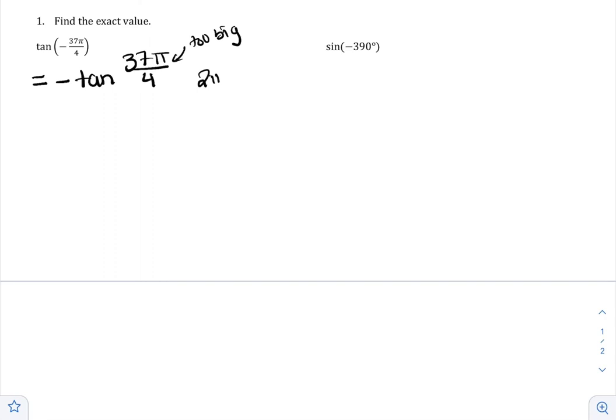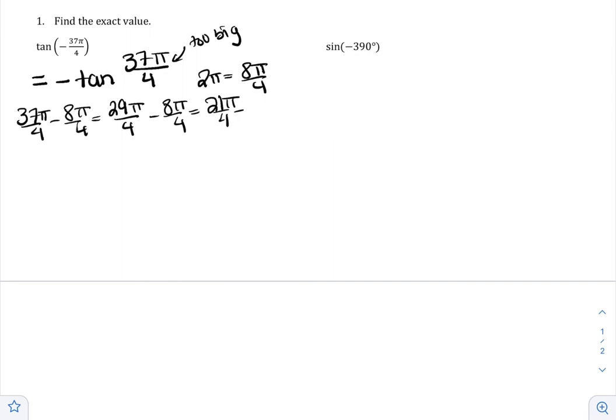So 2 pi with a denominator of 4 is 8 pi over 4. So 37 pi over 4 minus 8 pi over 4 is 32 pi over 4. No, it is not. It is 29 pi over 4. Then 29 minus 8 pi over 4 is 21 pi over 4, minus 8 pi over 4 is equal to 13 pi over 4, minus 8 pi over 4 is equal to 5 pi over 4.